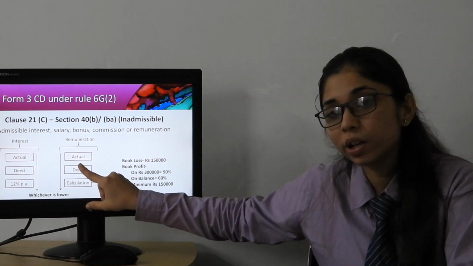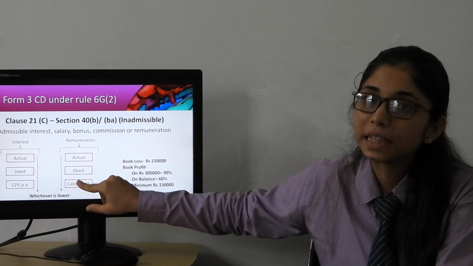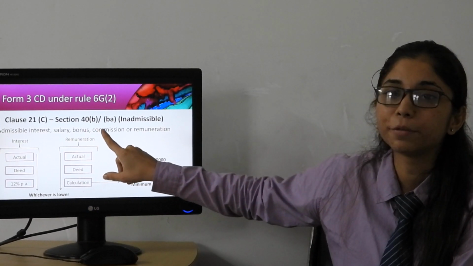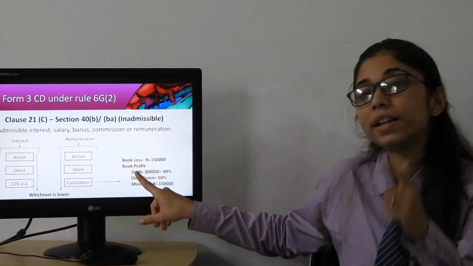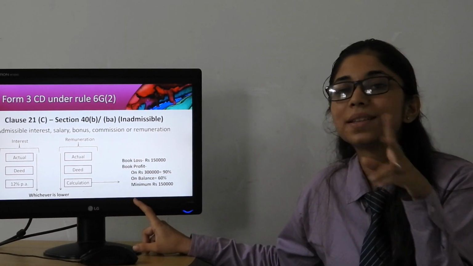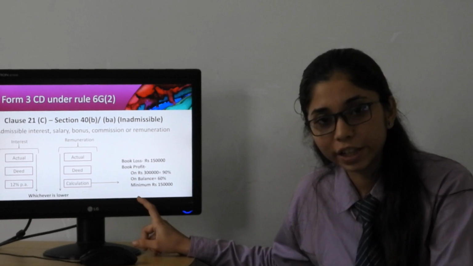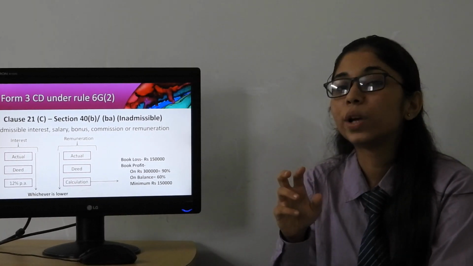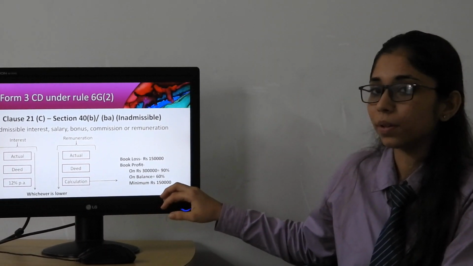The actual remuneration which is paid or which is written in the deed, and the calculation which is given in section 40B and 40BA is, if there is a book loss, then the maximum you can give is 1,50,000. If there is a book profit, then up to 3 lakh you can give 90%, and after 3 lakhs you can give 60%.